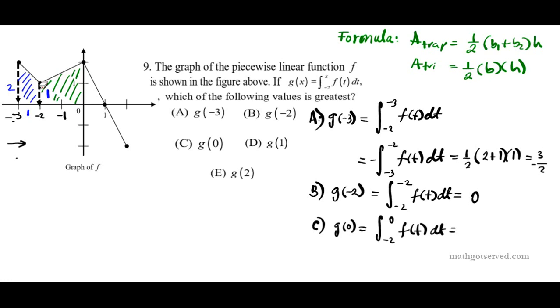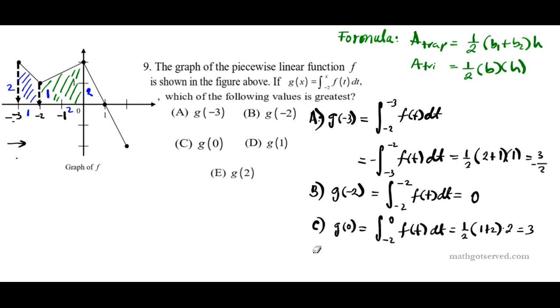We have B1 is 1 and B2 is 2. Similar to that, but this has a longer height. This has a height of 2. So the integral is going to be 1/2 sum of parallel lines, 1 plus 2, times height of 2. These two 2's cancel out and you end up with 3.